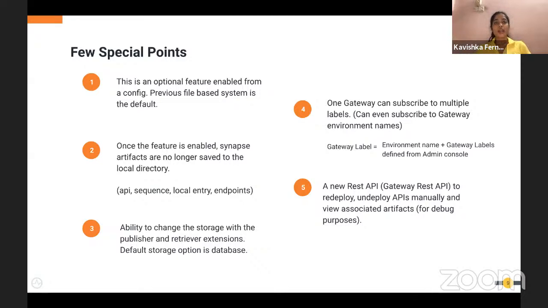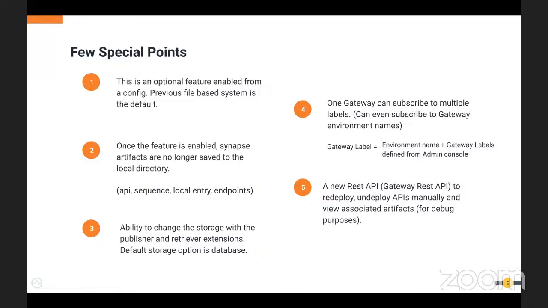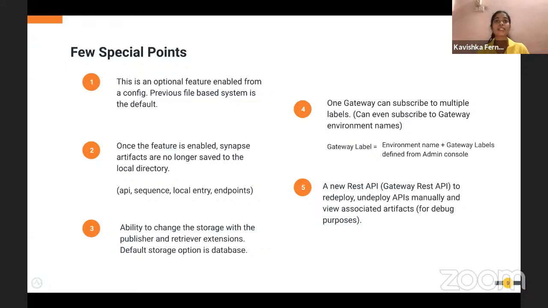There are a few special points that we need to keep in mind when we are thinking about this inbuilt artifact synchronization model. This is an optional feature. It can be configured through a configuration in the deployment YAML. We introduced this feature in API Manager 3.2.0, but the default is still the file-based artifact synchronization method.